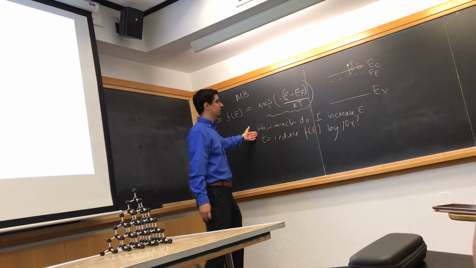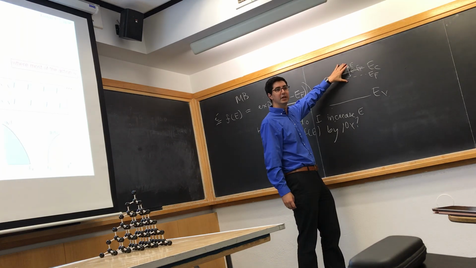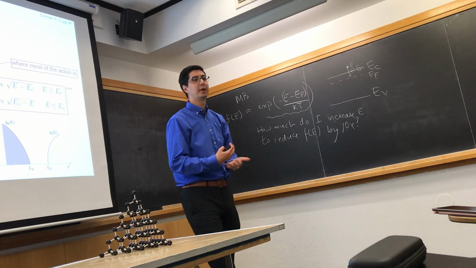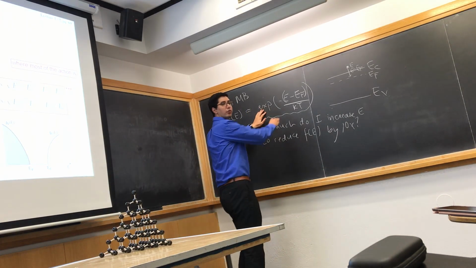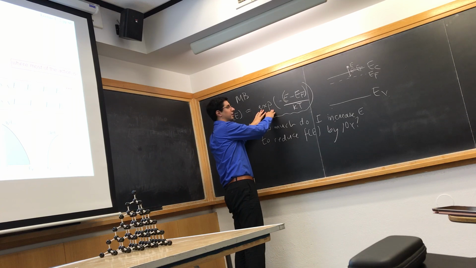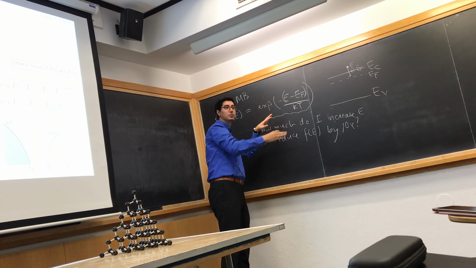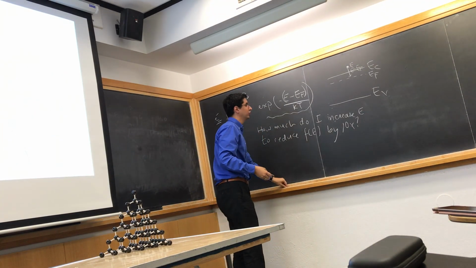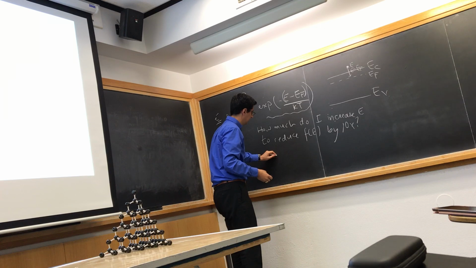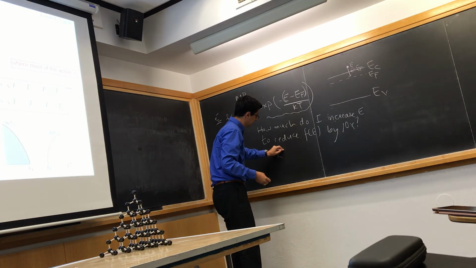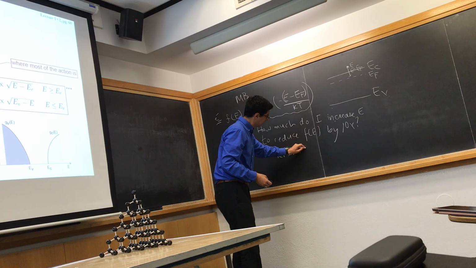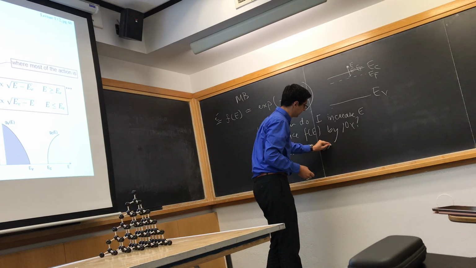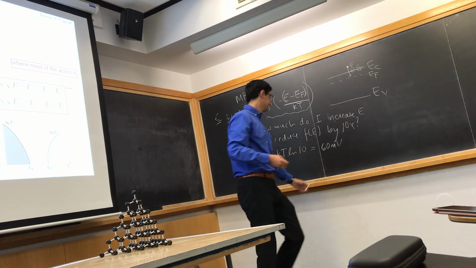If I ask that question, I'm at some probability, how much higher in energy do I have to go for that probability to decrease by a factor of 10? And if you write this now, instead of as an exponential, you can write it as a power of 10. You'll find that the number you get is kT natural log of 10, which equals 60 millivolts.